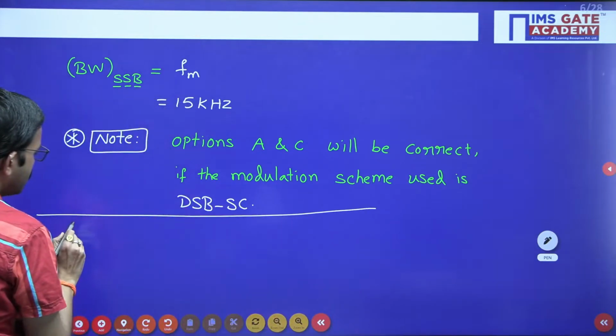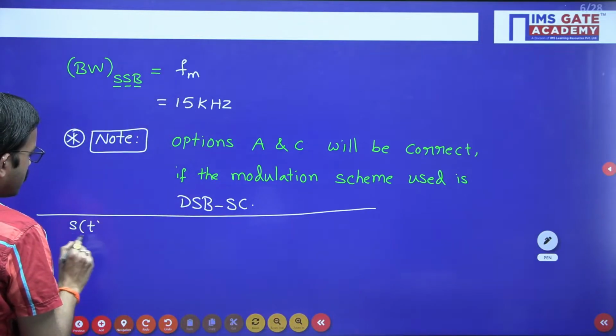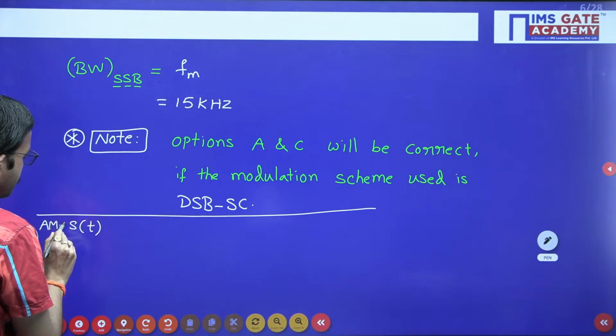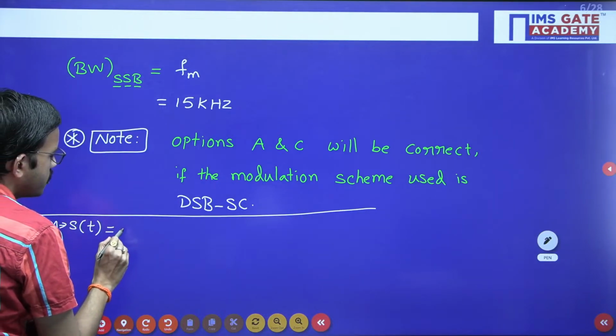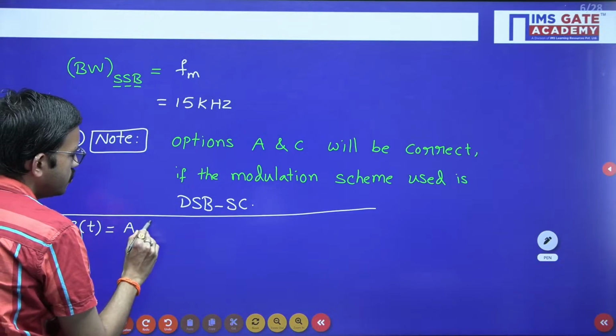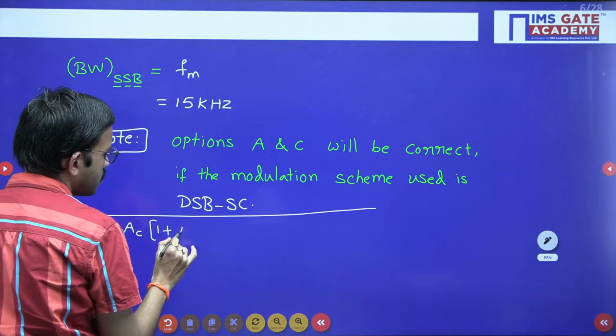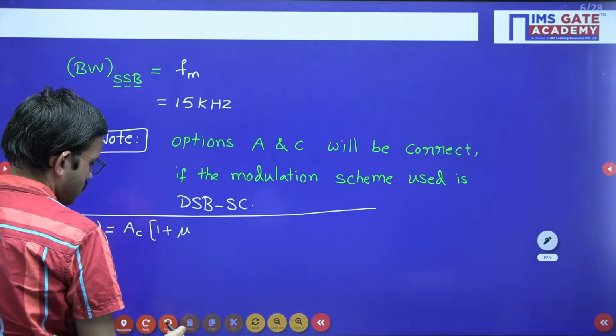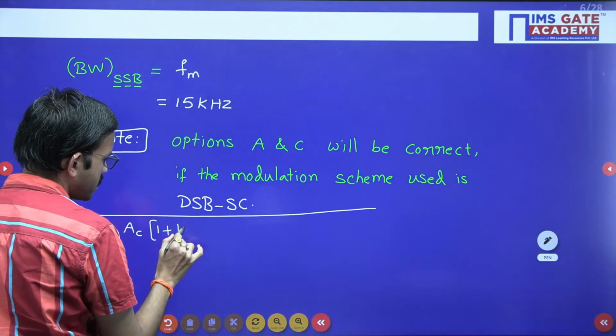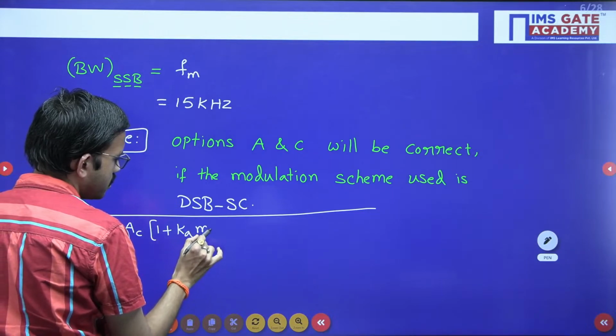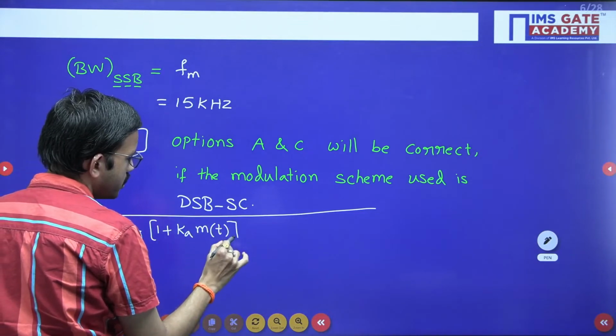Say for example, I am considering AM. S of t equal to AC into 1 plus Ka into m of t into cos 2 pi f ct.